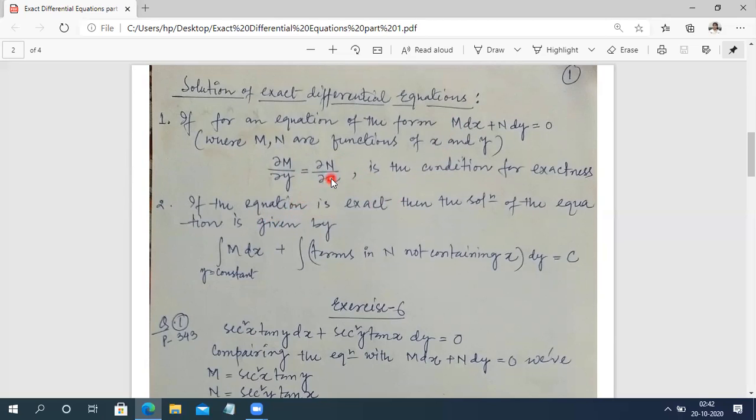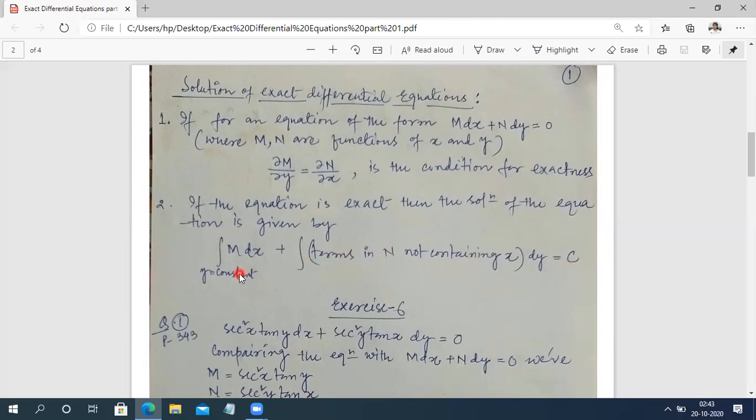And if it is exact, then the solution of the given differential equation is given by the integration of M dx keeping y as constant, plus the integration of the terms in N not containing x with respect to y, is equal to c.